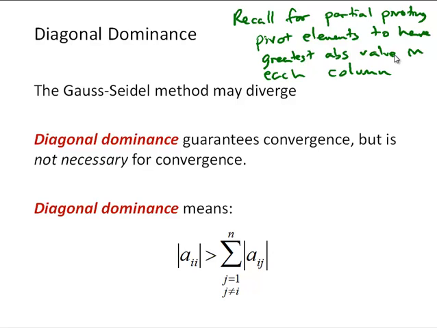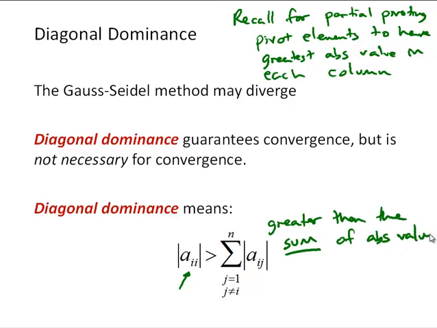And what the diagonal dominance theorem means is that if the absolute value on the diagonal is greater than, and here's the key, greater than the sum of the absolute values of the other elements in the row. That's what that summation notation is telling us.